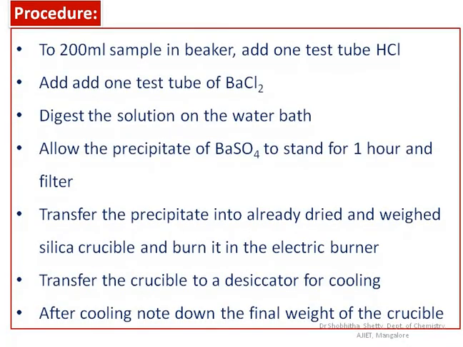So what is the procedure that is followed for the determination of sulfate ion and how can we calculate it? First, we take the water sample in a beaker, add HCl and bring it to boiling. Once it starts boiling, at that stage we add 1 test tube of barium chloride, BaCl2.